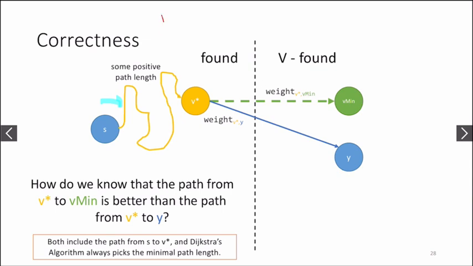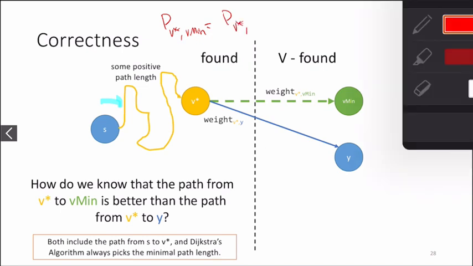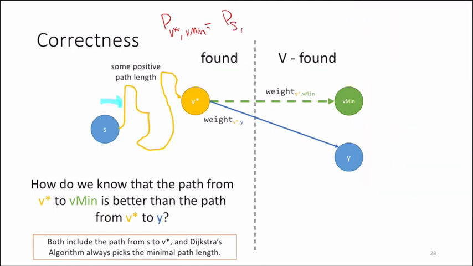So for example, the path length to get to Vmin is equal to whatever the path length is to get from S to V star, plus this weight going from V star to Vmin. So that's the total path length that we computed to get to Vmin.